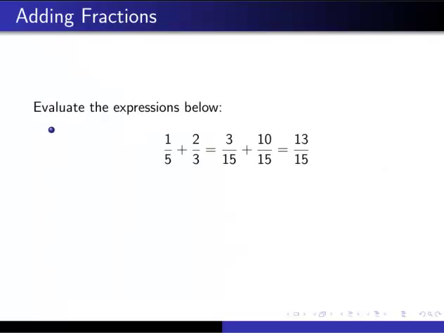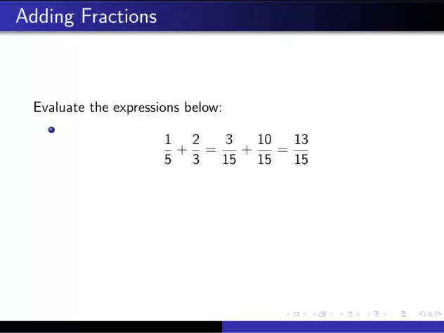Evaluate the expressions below. So, adding fractions. So 1/5 plus 2/3, well, you're trying to add apples and oranges, so you try and get them in the same form. Since we have 1/5 and 2/3, if we write them both as 15ths, then we can easily add them.